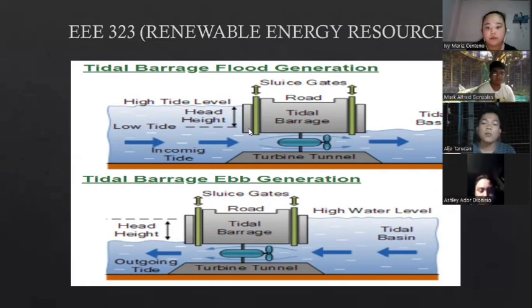Kunwari high tide sa isang side, siya kumukuha sa tidal basin niya. Ito yung tinatawag na tidal basin. Tapos yung tidal barrage ebb generation naman, yung nasa kabila naman po, nagpapaikot sa turbine. Kumbaga, palipat-lipat lang po siya.